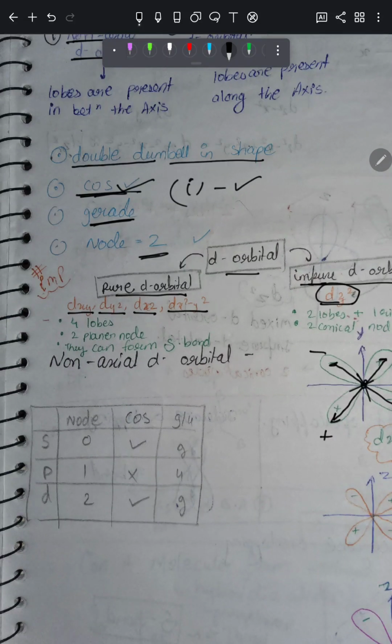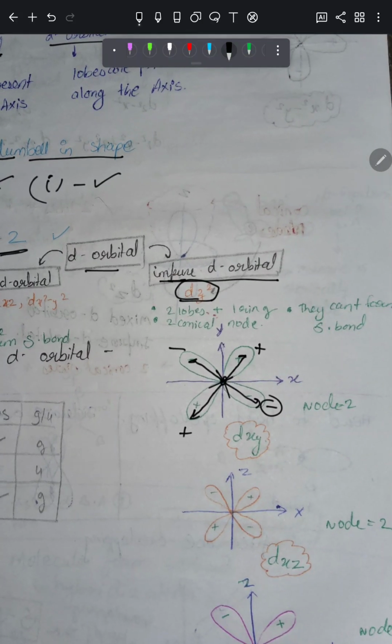The properties of these are that they have four lobes and two planar nodes, and they can form delta bonds. So by combination of these, a delta bond can be formed. This is the next type of bond.